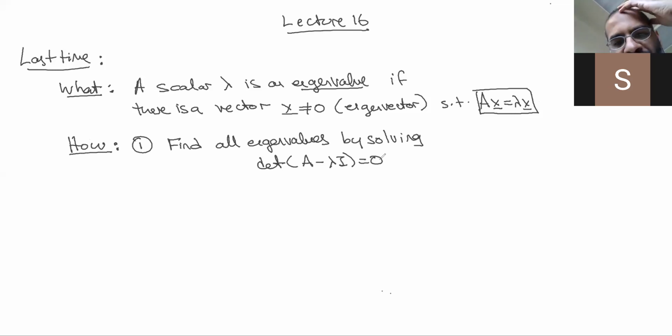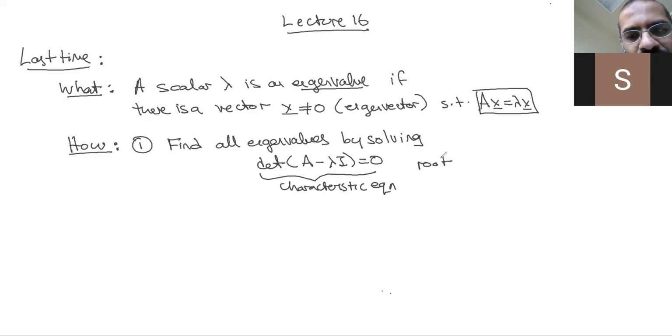So in the last lecture, I used the variable t instead of lambda. And the name of the variable doesn't matter, but there was some confusion on Piazza, so let's just use lambda to be consistent with the book. Okay, so this is the characteristic equation. And the polynomial that appears here is the characteristic polynomial, and the eigenvalues are the roots of this equation. The roots of the characteristic polynomial.